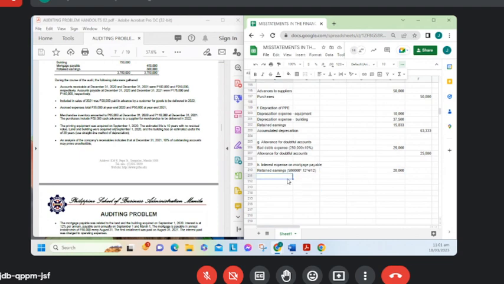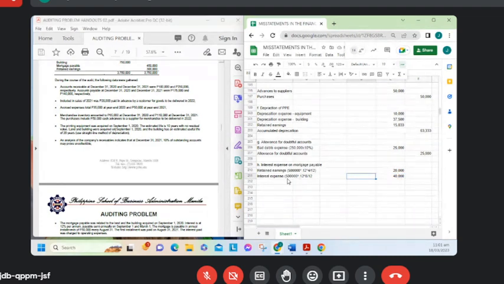Interest expense before the payment, that's 500,000 times 0.12 times 8 divided by 12.